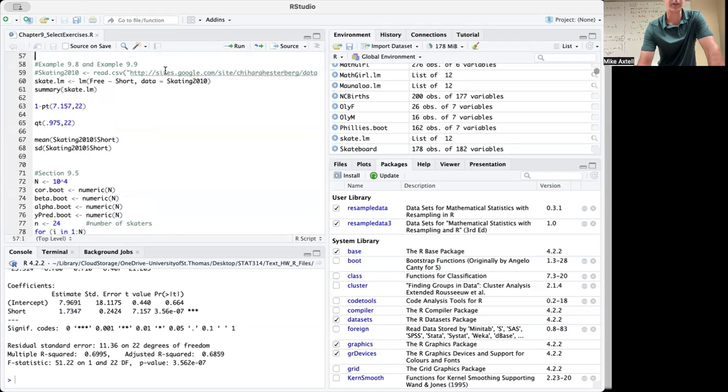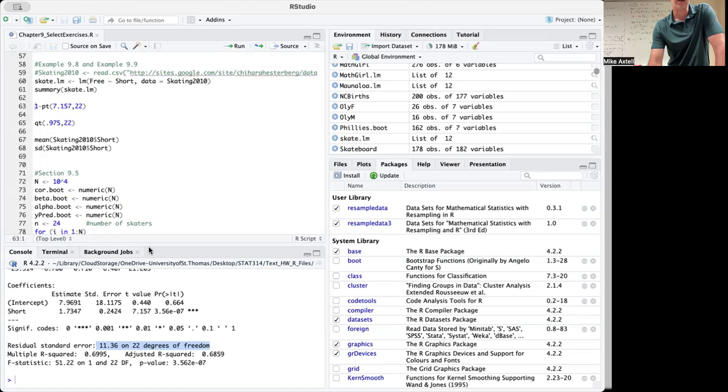And there you'll see the residual standard error of 11.36 in the summary, right down here on 22 degrees of freedom. So that's how I'm getting the s value that I had up there. And that's also how I'm getting my n value of 24, 22 plus 2.